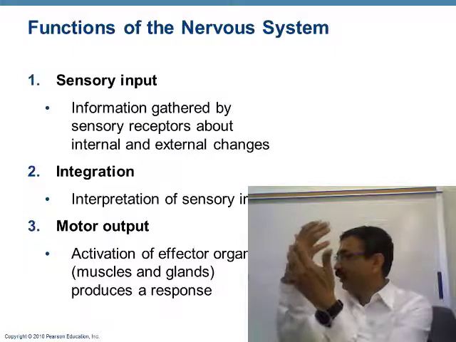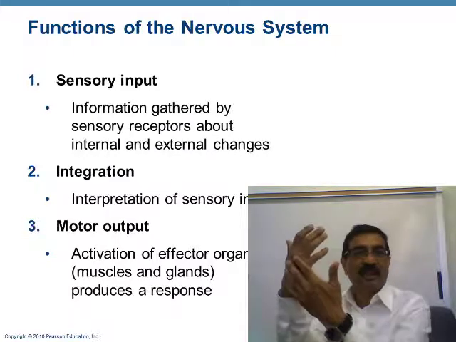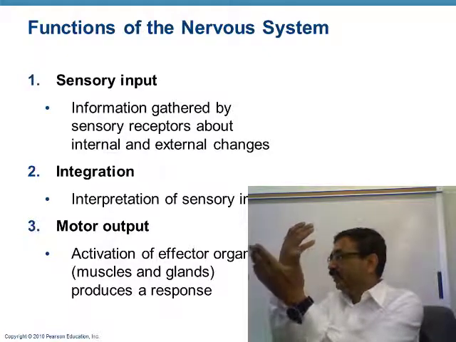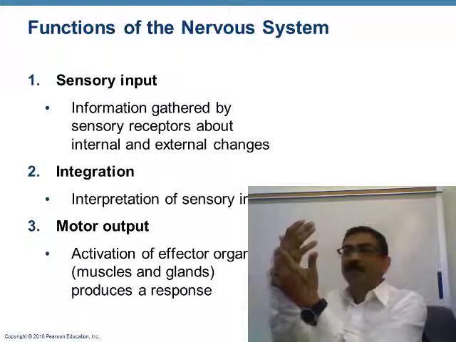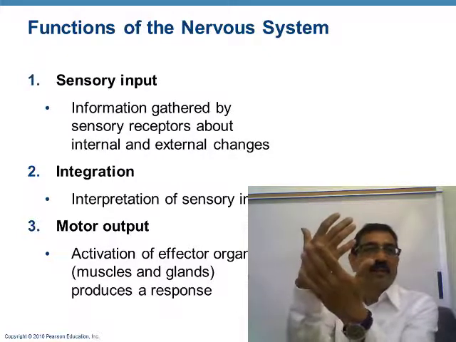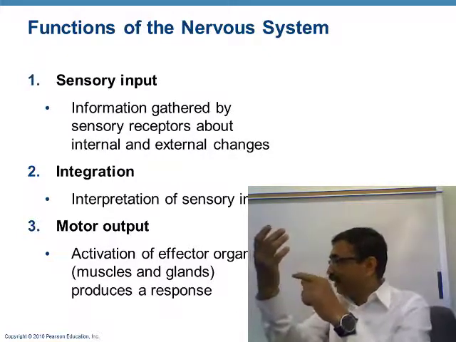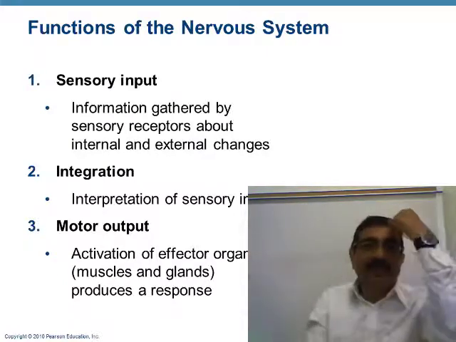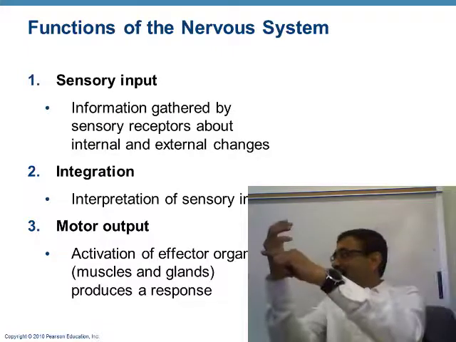You remember pain, touch, temperature receptors. So when something hot touches your skin, which receptors will get that signal? Temperature receptors, right? They will get that signal and send the signal where? To the brain. And that is the sensory input.